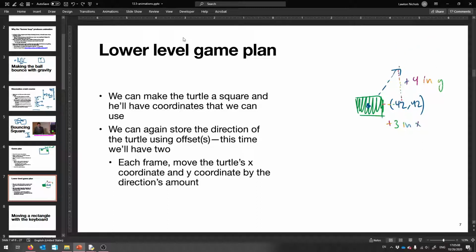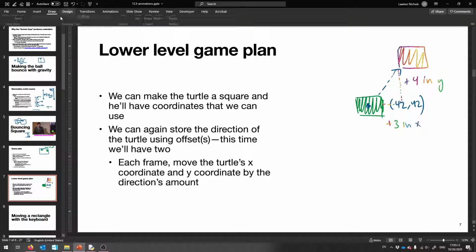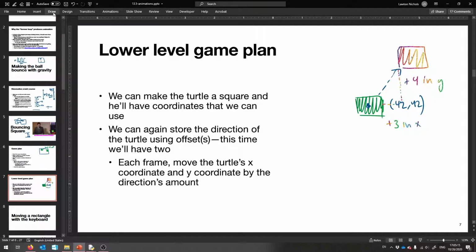If I make a square of the same size, now we know his coordinate is 42 plus 3, and then 42 plus 4, so 45, 46. And so that will create the animation. We can represent any potential movement with an offset. There's always an XY offset to move in any direction.